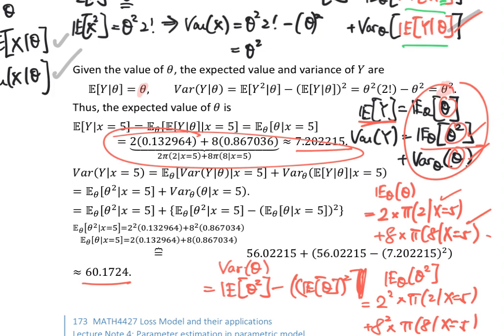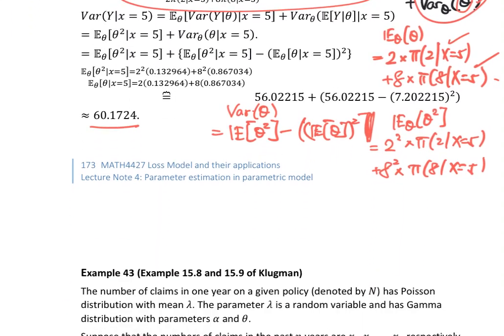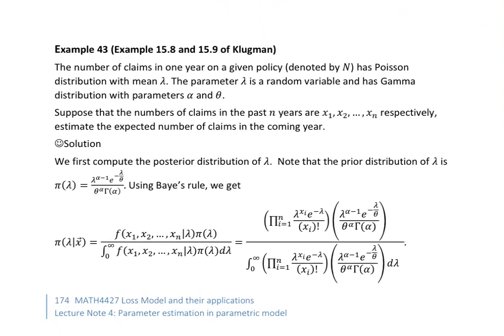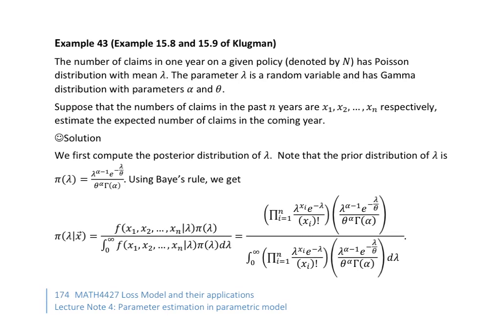Now perhaps let's see one more, which is a little bit harder example. In this example, we consider the claim frequency, which is the number of claims in one single year.